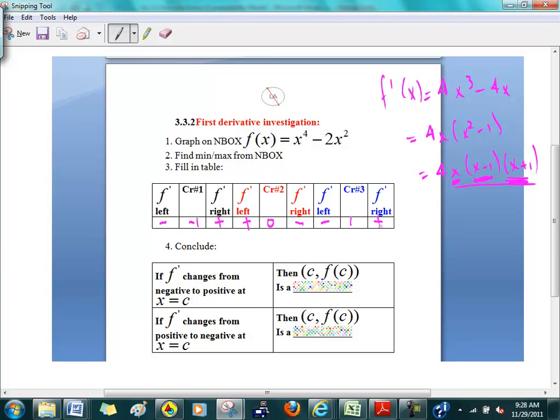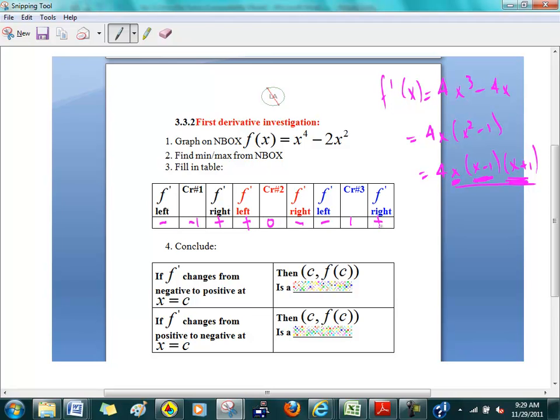So looking at the graph, you can see that the tangent is going from a negative to a positive. See that? What does that result in? This guy? What's happening to the tangent? Positive to negative.